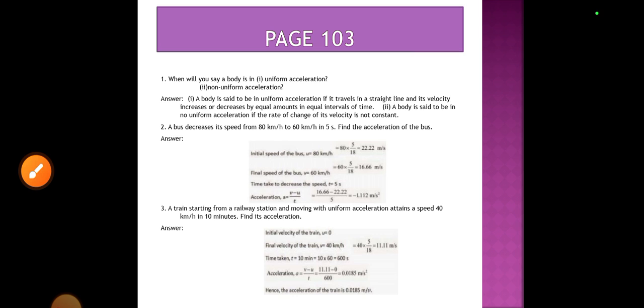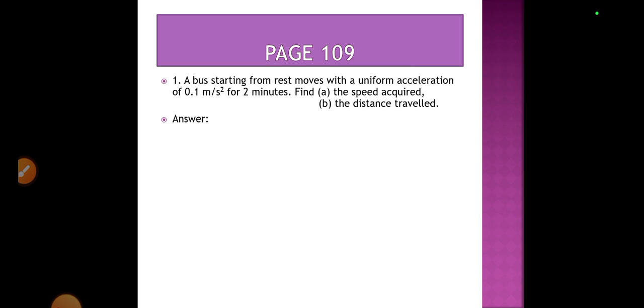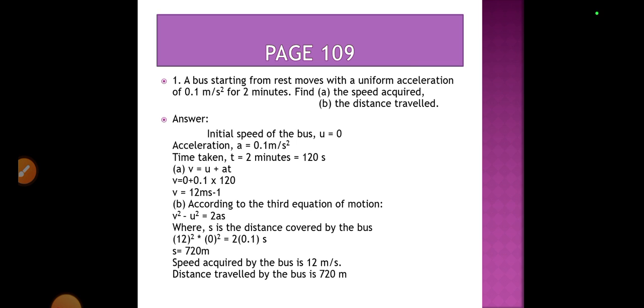Okay, so move on. Next question. A bus starting from rest moves with a uniform acceleration of 0.1 meter per second squared for 2 minutes. Find the speed acquired and the distance traveled.